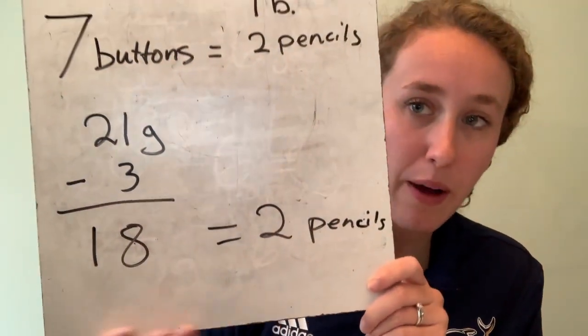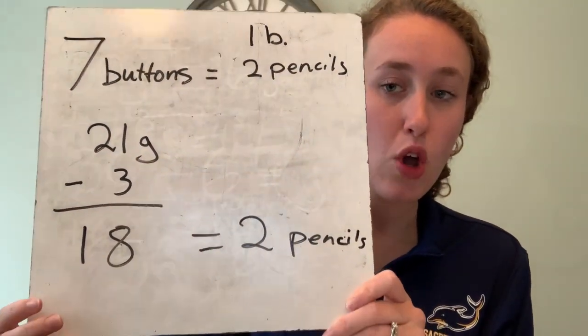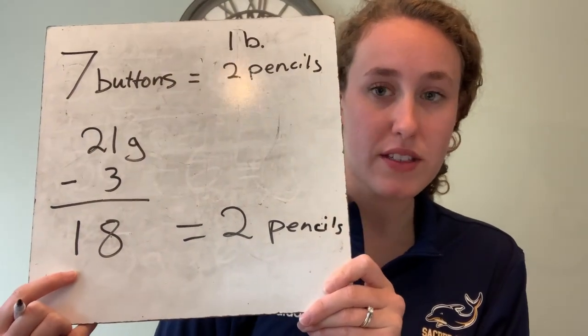All right, now what does that leave us with? We used to have 21 grams on the side with 7 buttons, but we subtracted 3 of those grams by taking out 1 of the buttons. 21 minus 3 is 18. So now we have 18 grams on the left side.